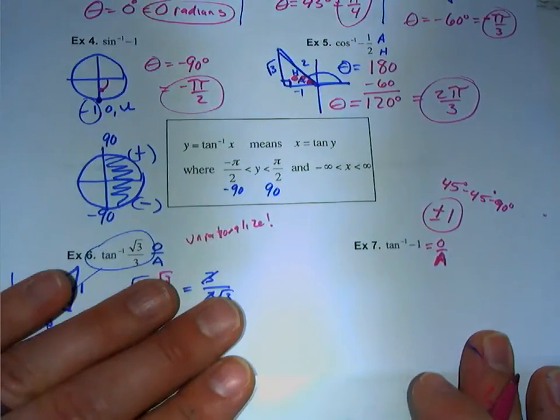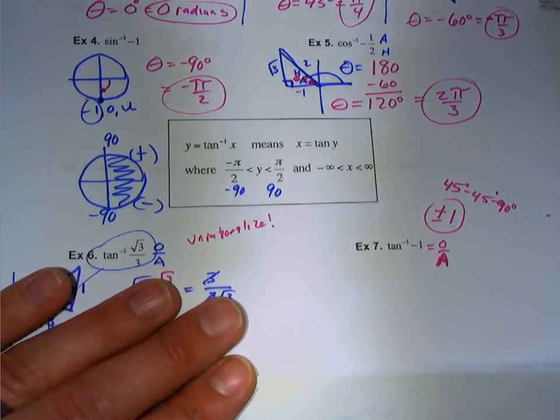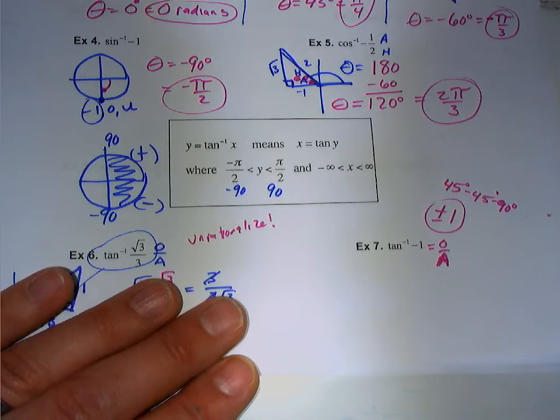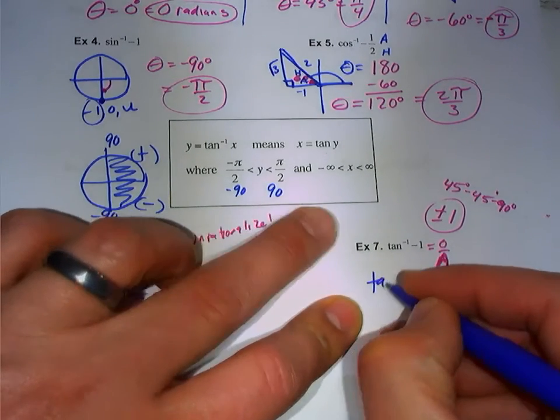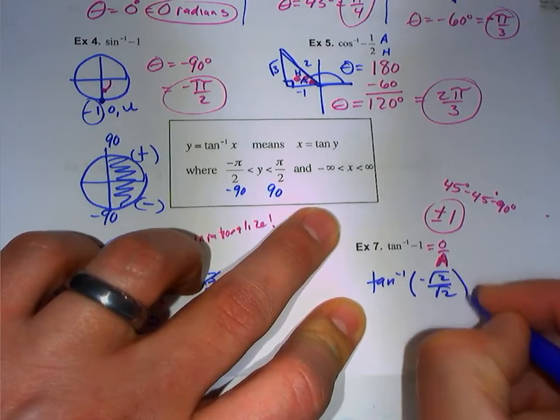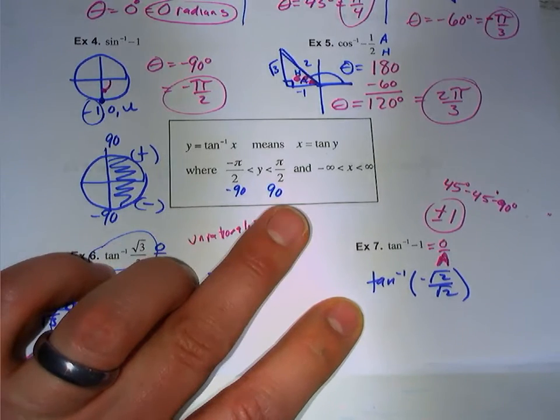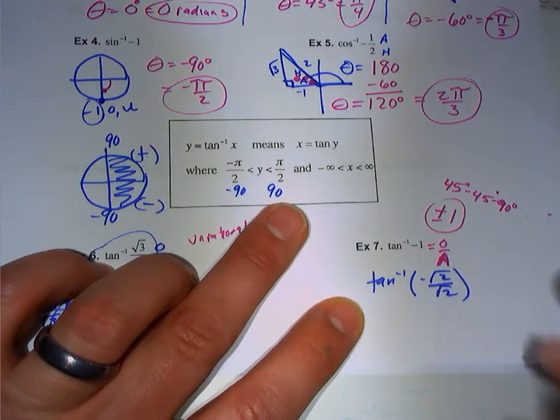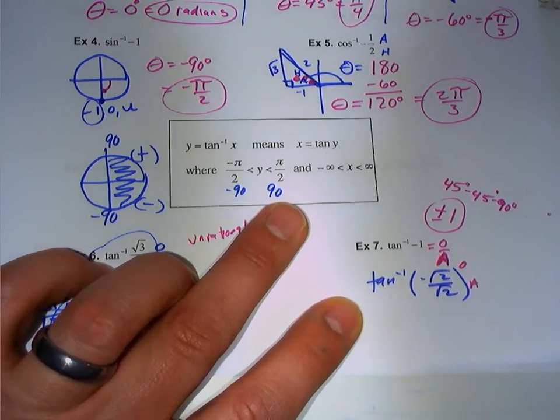So when you guys see 1 or -1 for inverse tangent, I need you to start thinking 45, 45, 90, where opposite and adjacent have canceled out. So this is essentially the inverse tangent of -√2 over √2. It's just been reduced. So again, this is opposite, that's adjacent.